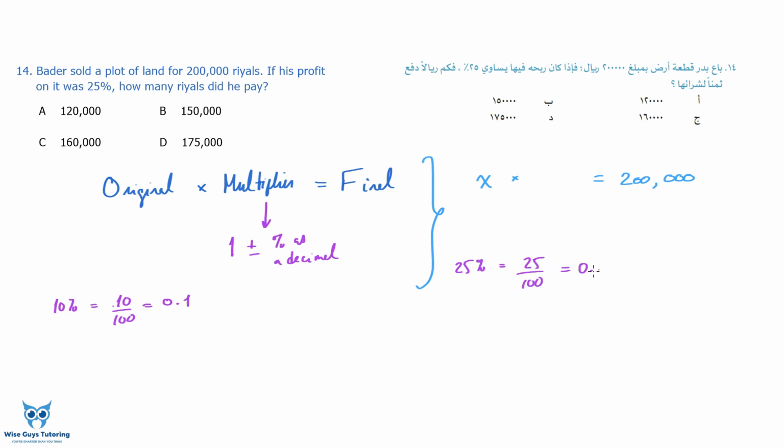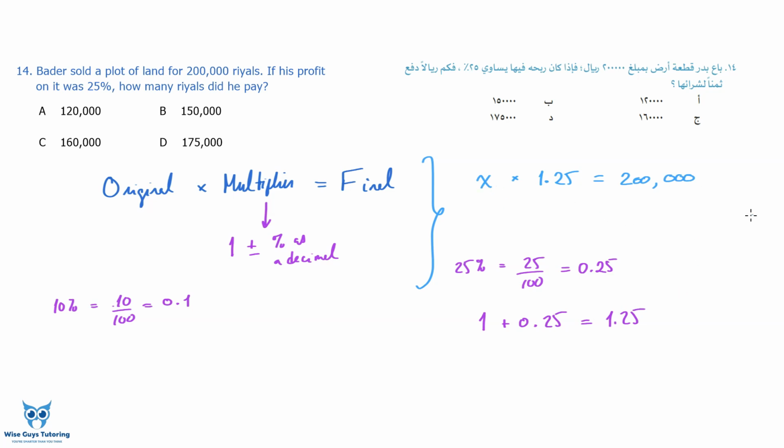Gives you 0.25. And as for my multiplier, since I'm increasing the original value, he made a profit, I would say 1 plus 0.25. So that gives me 1.25 as my multiplier. That means x times 1.25 gives you 200,000.